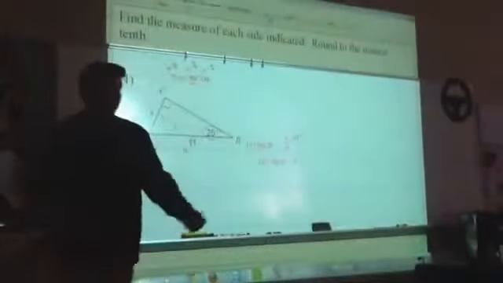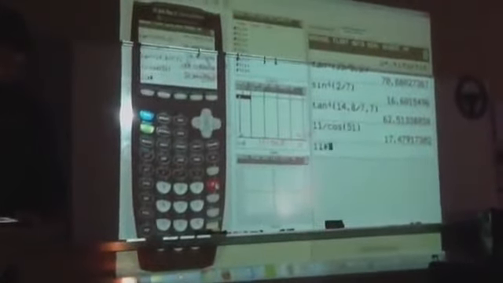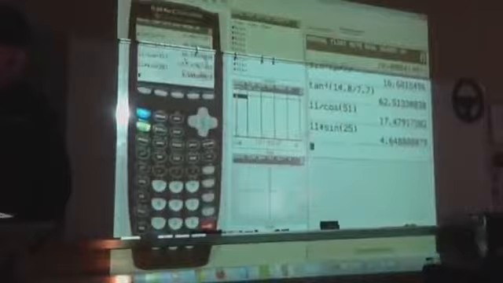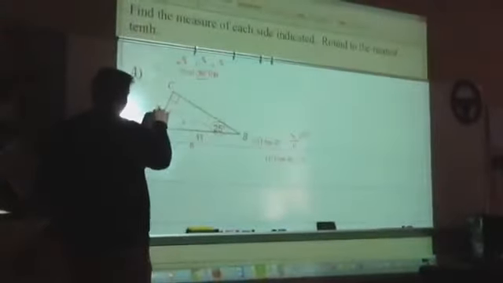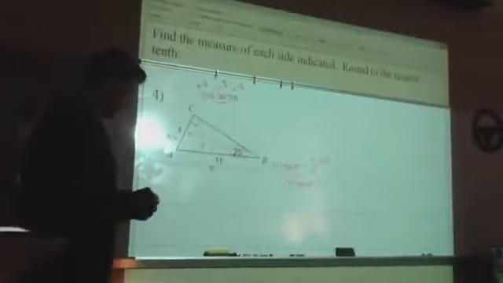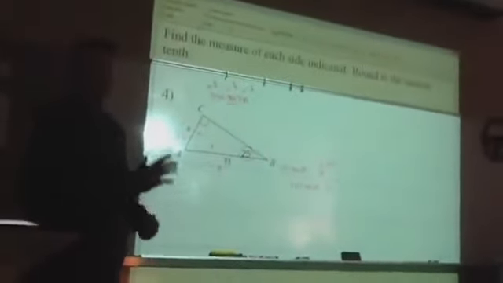So now I just put that in the calculator. So this x is 4.6. Does that make sense? Does everybody understand?